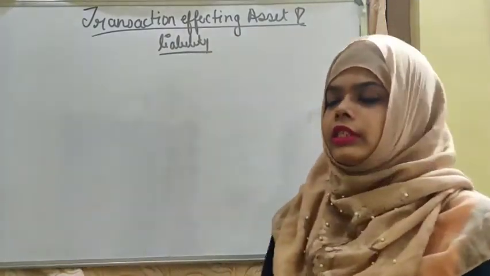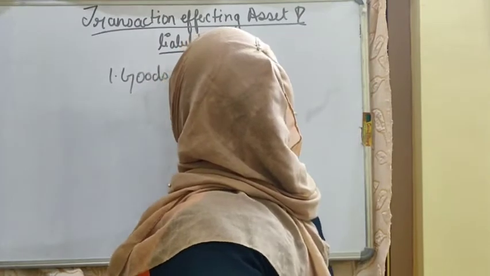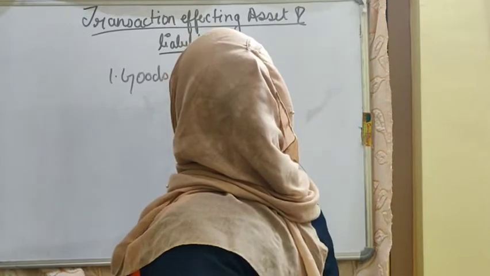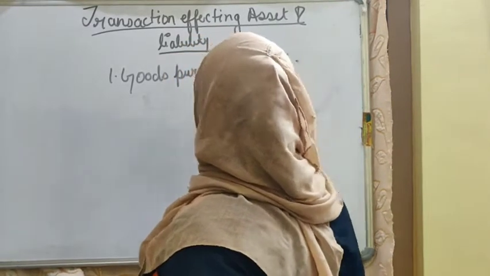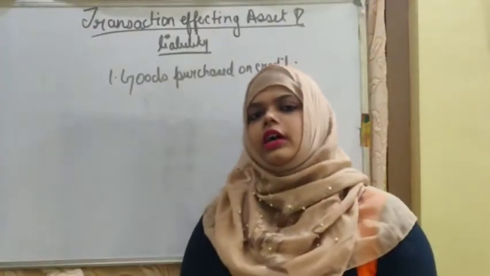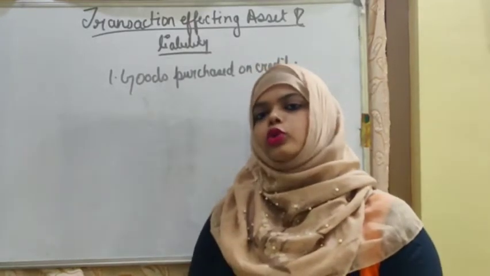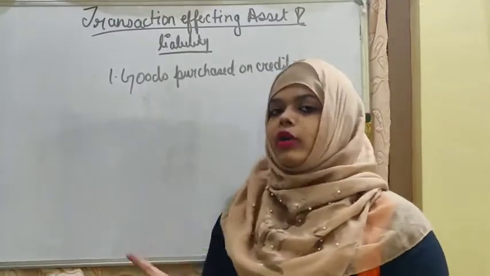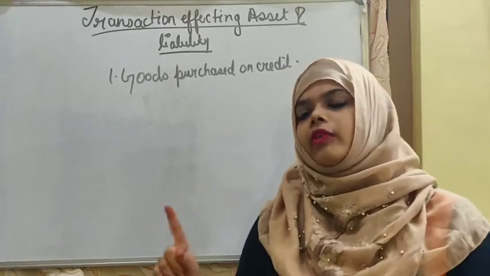The first one is goods purchased on credit. What do we understand by this statement? Goods purchased on credit means the business has purchased goods on credit. It is both a liability and an asset. Why? Goods are part of assets and credit means we owe to someone. So it is part of the liability.